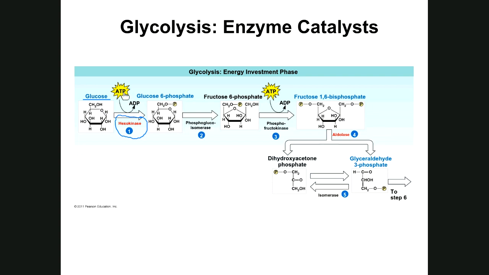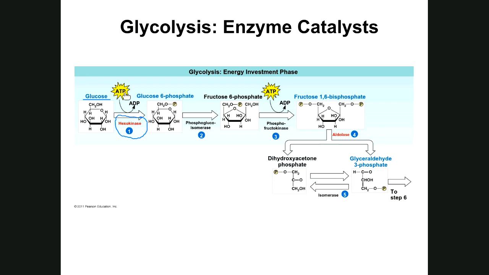I haven't told you this before. We're adding on to what we covered in Chapter 8. Hexokinase needs some energy. Where's it getting the energy from? ATP. It's using that source of chemical energy. And what happens, something I didn't tell you, is hexokinase will break the covalent bond attaching the third phosphate group to the second.